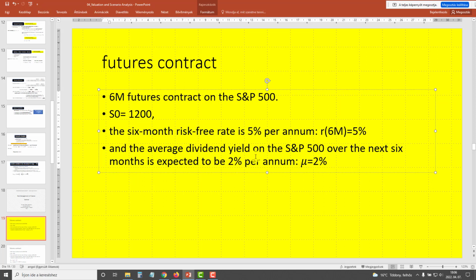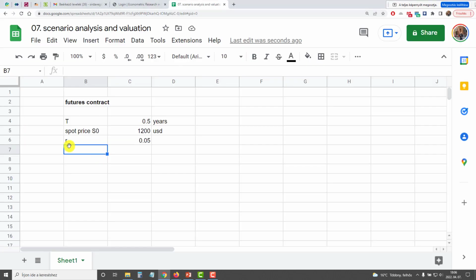Okay, the average dividend yield about this index over the next 6 months is expected to be 2% per annum. So let's say this is mu, the expected growth.